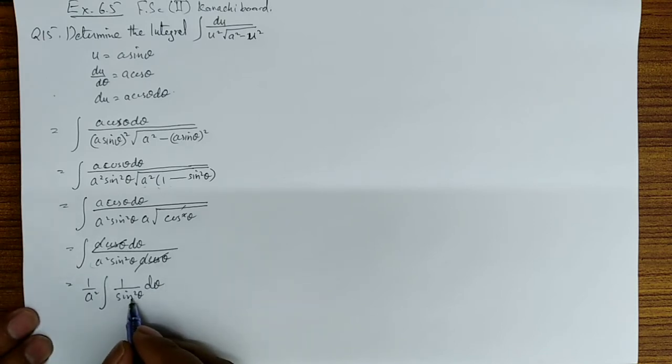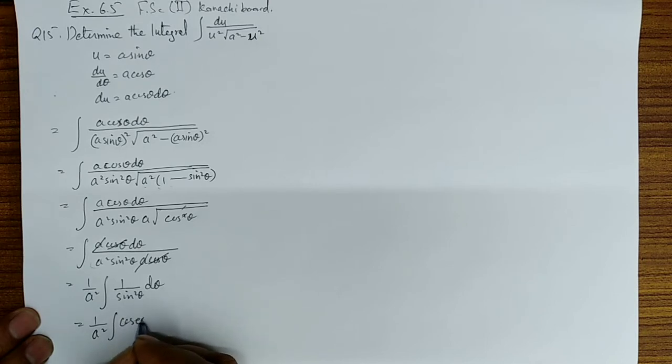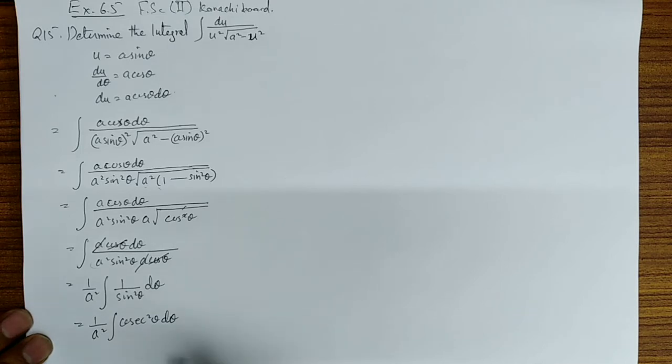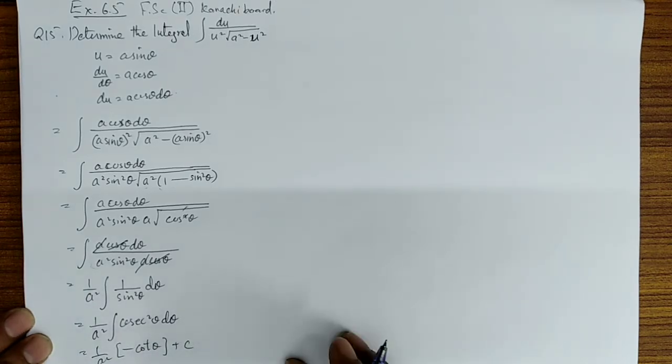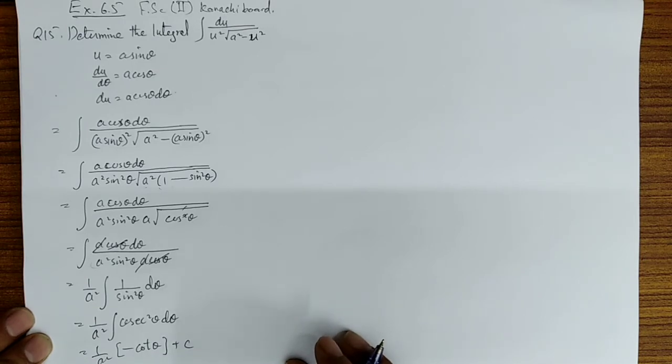Moving this sine square theta into the numerator, 1 upon a square integral of cosec square theta d theta. Now obtaining the integral of cosec square theta, that is minus cot theta, plus c.